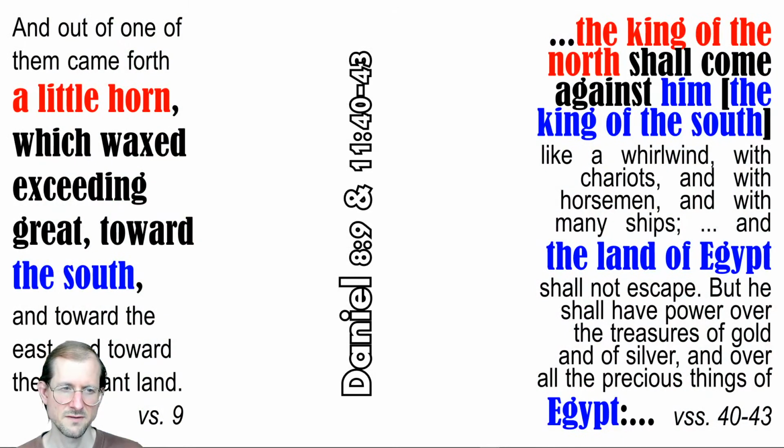So we have the fact that you have this little horn, king of the north, who attacks the south, Egypt. This is not the same incident anyway, but it's a similar thing because you have the same thing, north attacking south.